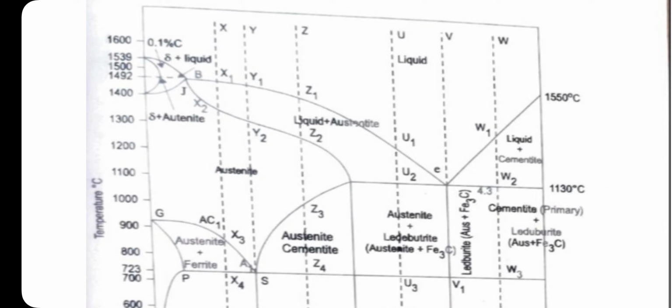So liquid plus austenite is present, and when it crosses X2, liquid is completely converted into austenite. Between X2 and X3, it contains only austenite.